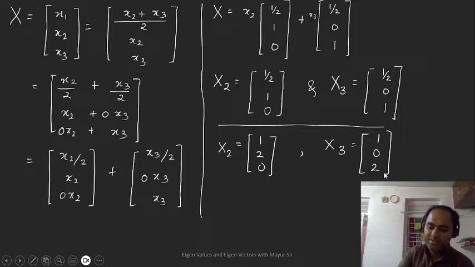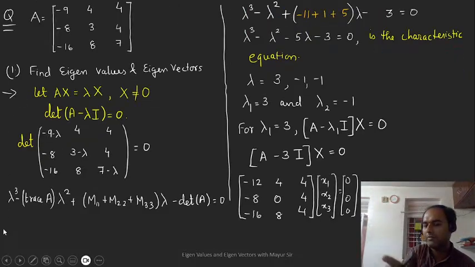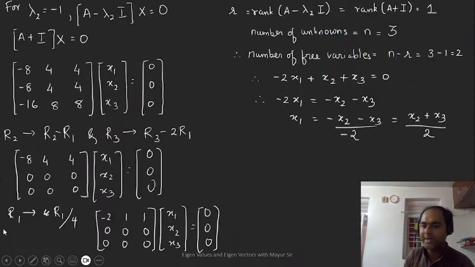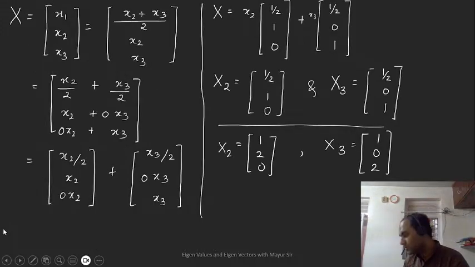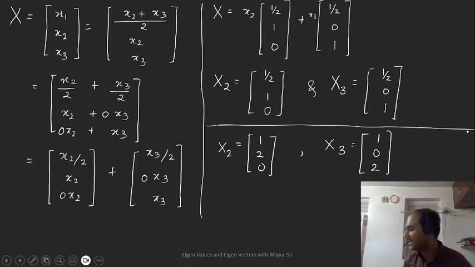Now see, we had got eigenvalue -1 repeated 2 times, right? -1 was repeated 2 times, so we got two different eigenvectors. Are you getting that? These eigenvectors that we got here are the final answer.